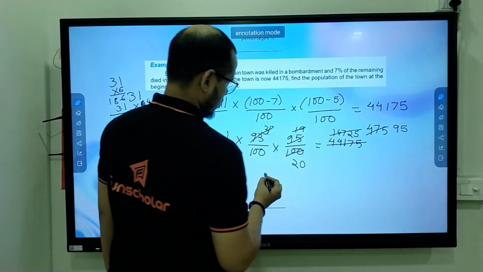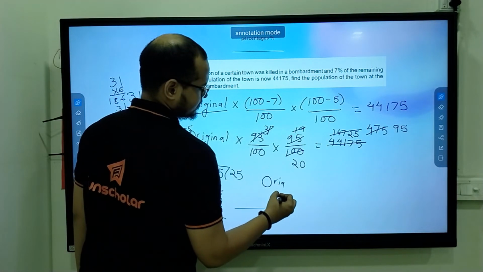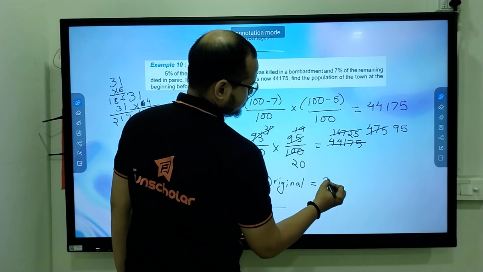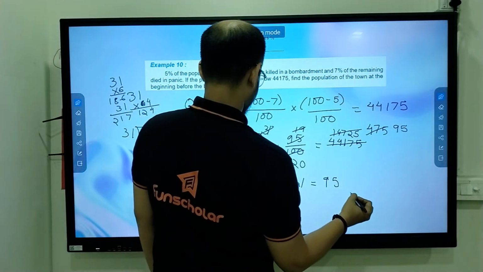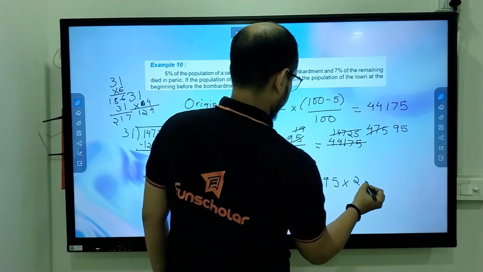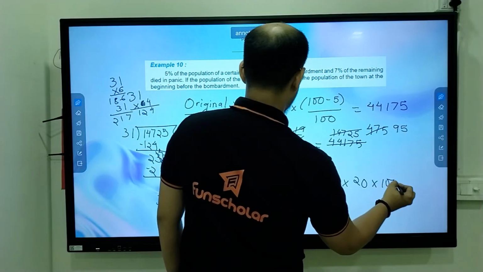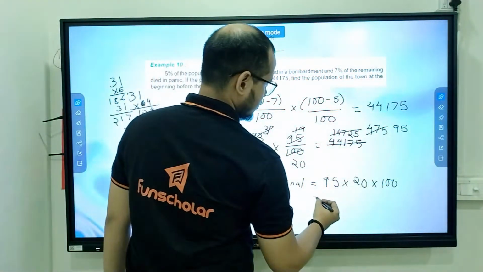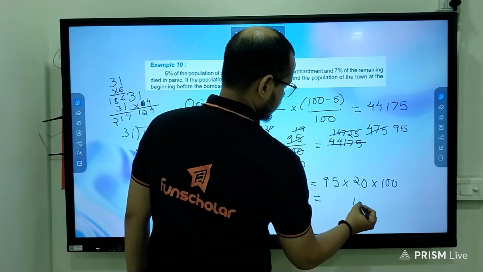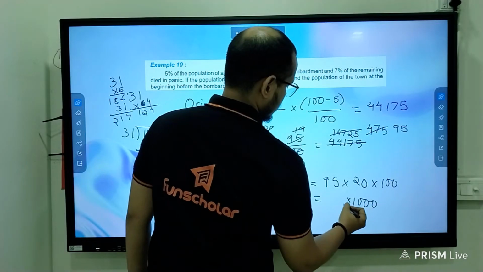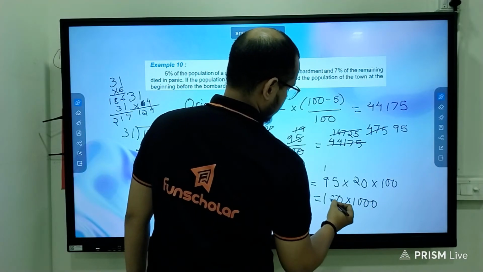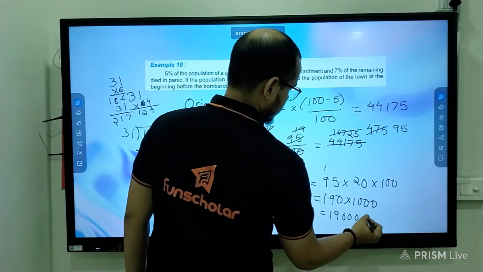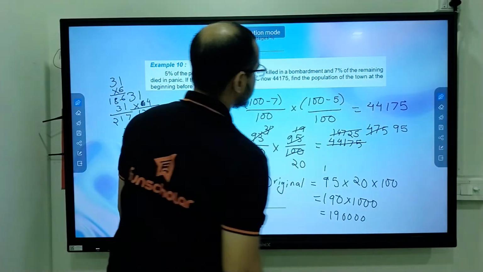Now original is equal to 95 into 20 into 100. Whatever is left, I put on the top side. Let me make it 1000 into 1890. This was the population.